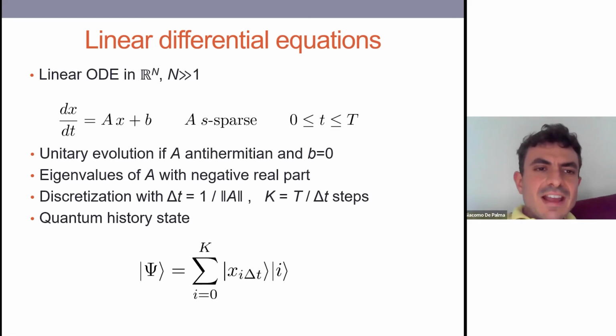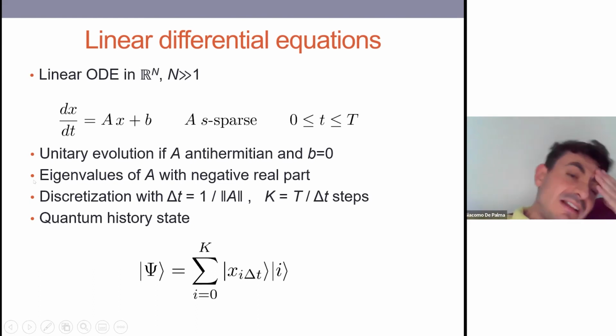And then if x is encoded in the amplitudes of a quantum state, it's quite easy to implement on a quantum computer, because this is again Hamiltonian simulation with a sparse Hamiltonian. Of course, the interesting case of this algorithm is when A is not anti-Hermitian, and then this does not trivially reduce to Hamiltonian simulation.